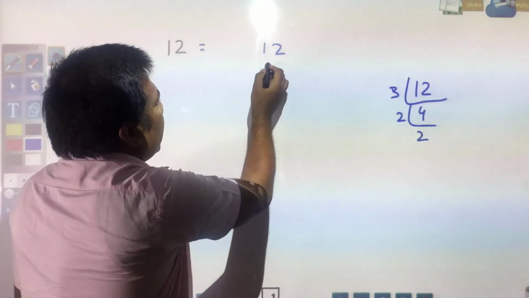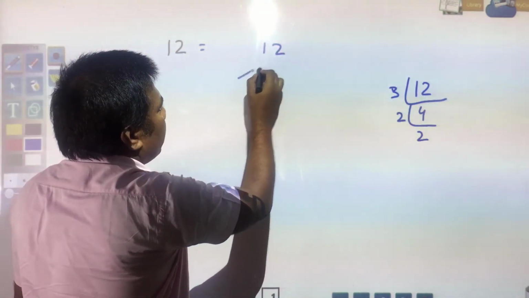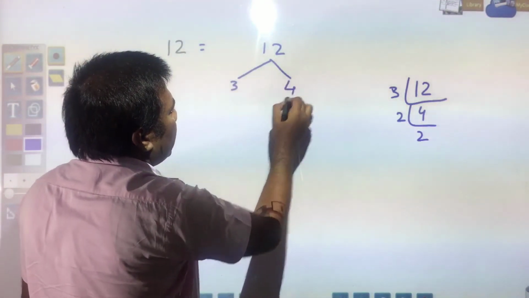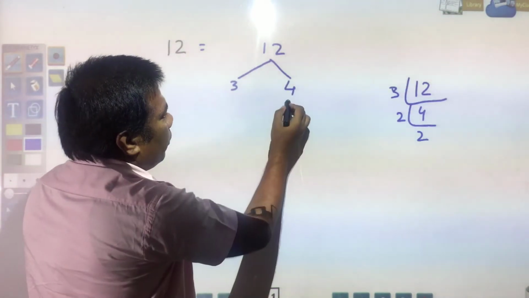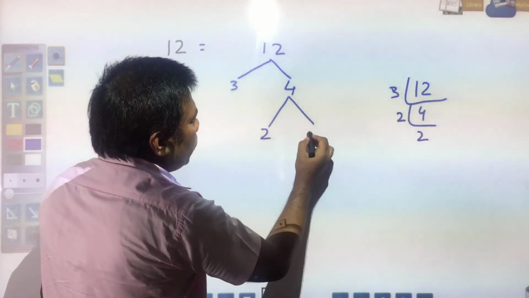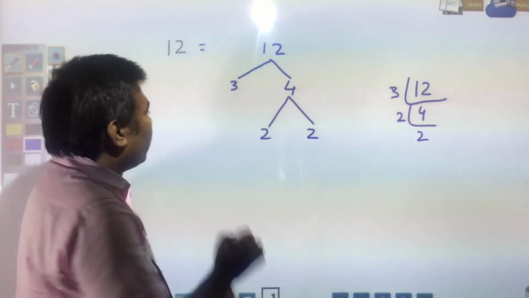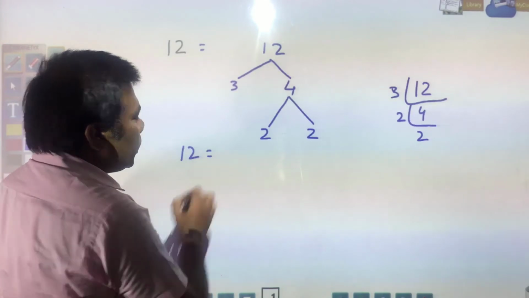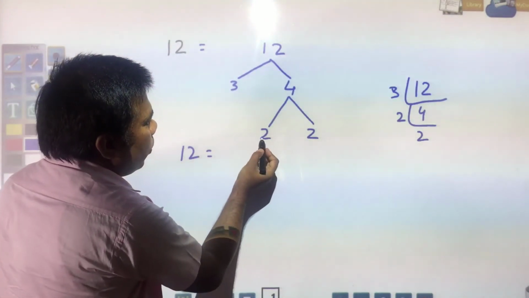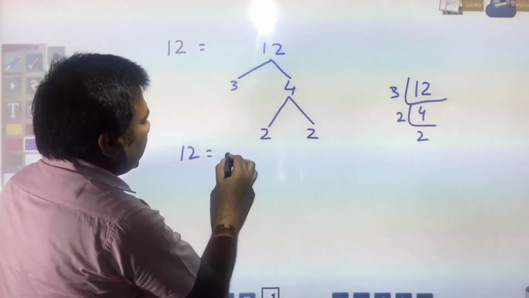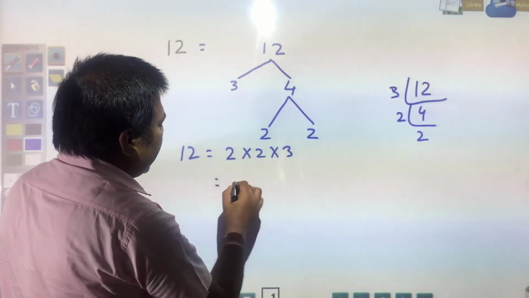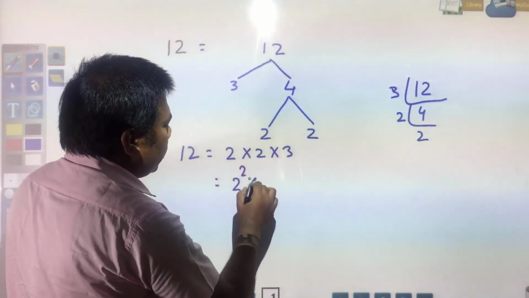So first by 3 you have divided, 3 fours are 12. Further 4 can be divided, and it can be written as 2 into 2. So finally, 12 can be expressed as the product of primes: 2 into 2 into 3, or 2 square into 3.